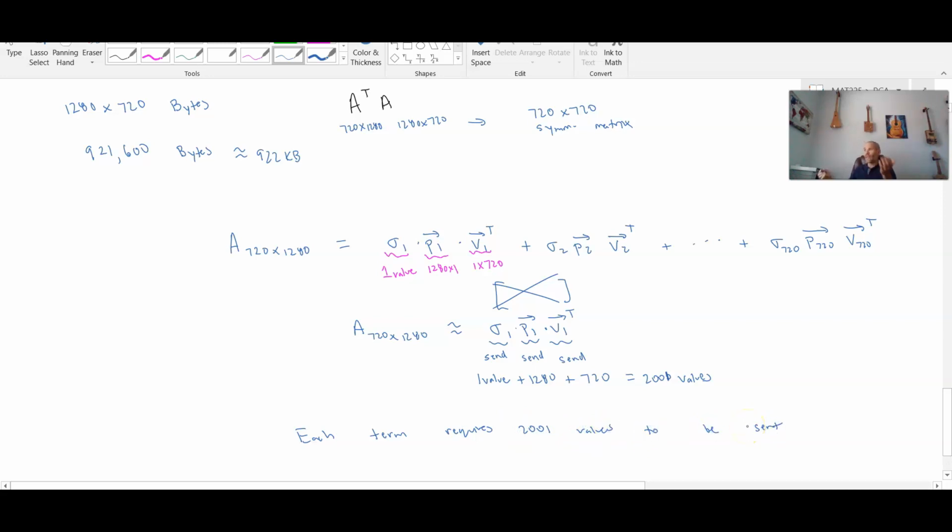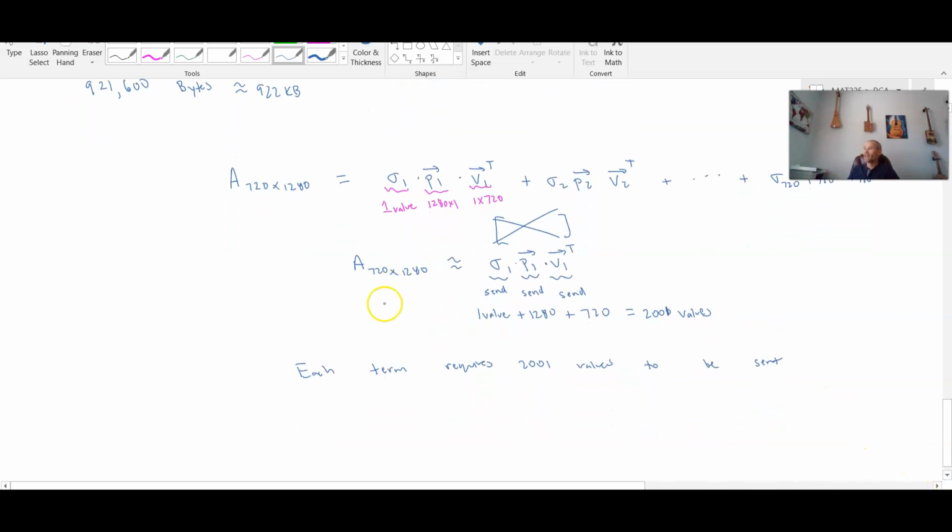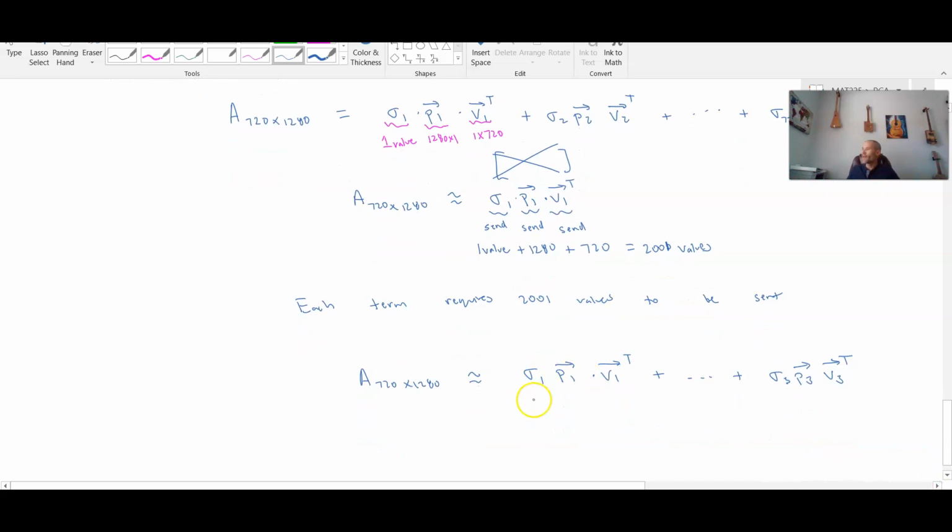The really cool thing here is if I want a better approximation of that image, if, for instance, I approximate A, 720 by 1280, by even the first three components of this expansion, all the way up to sigma 3 P3 V3 transpose, then the first term will require me to send 2,001 values.